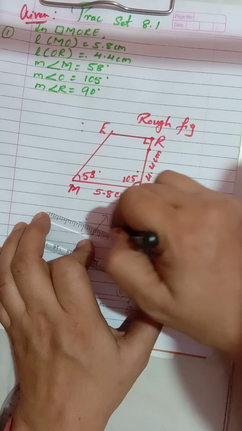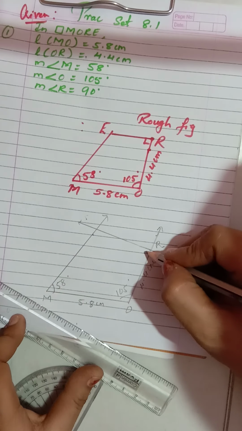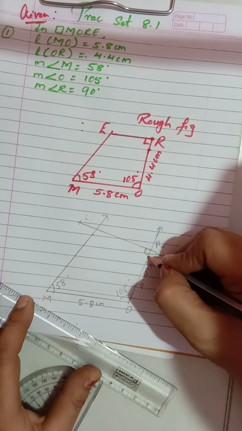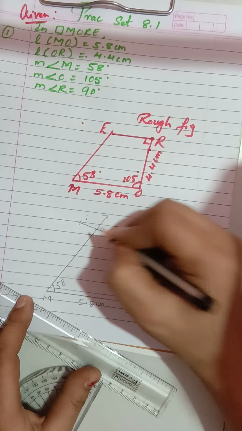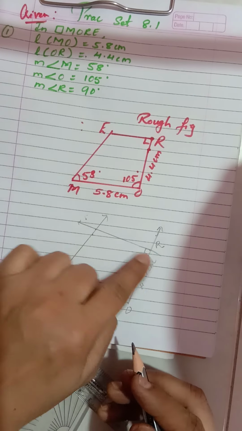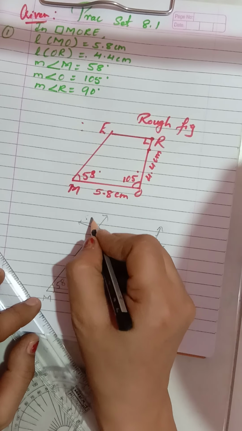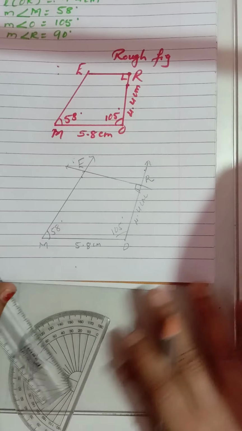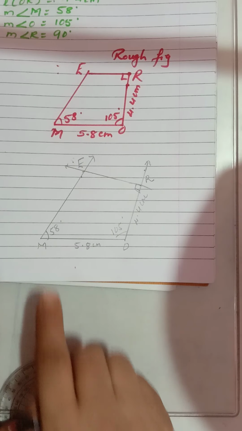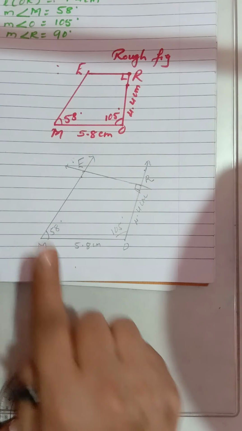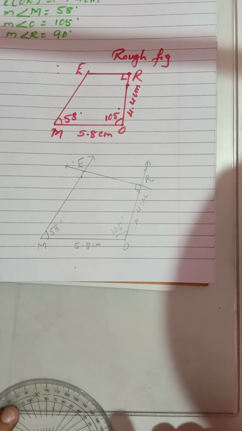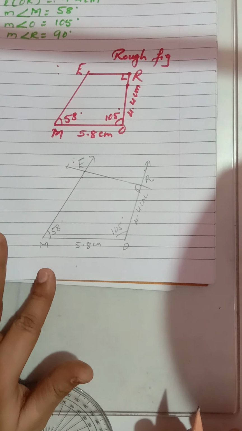So this is your 90 degree. And the point where both the arms of these angles intersect is your last point, that is E. That is E. Okay children, MORE. So this way we have completed our first construction.